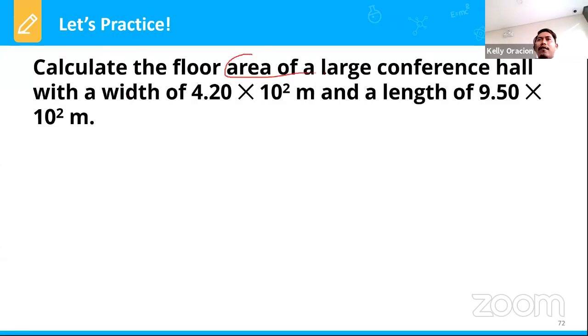Area man. Area of a large conference hall. So, in an area of a large conference hall, that's rectangle, given the width and length, di ba? Area of the rectangle is length times width. So, area, times lang. Can you chat your answer?